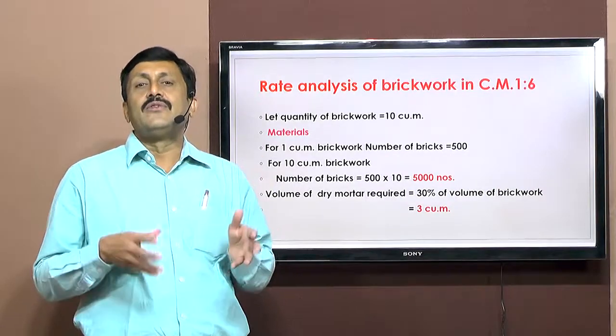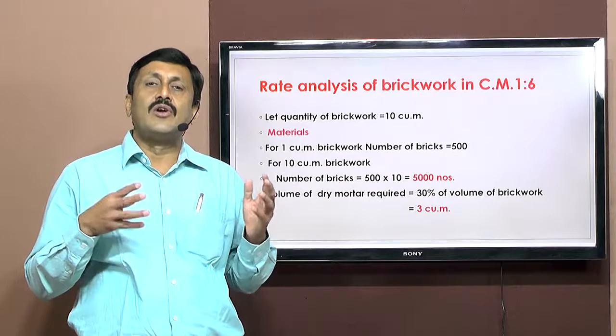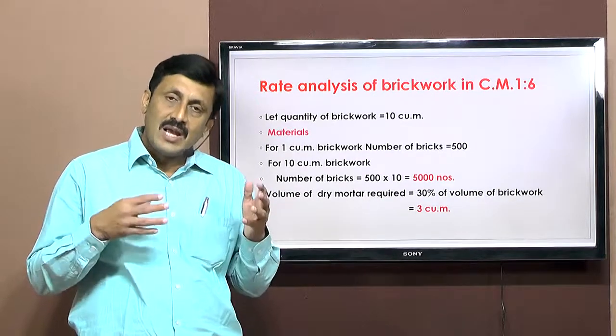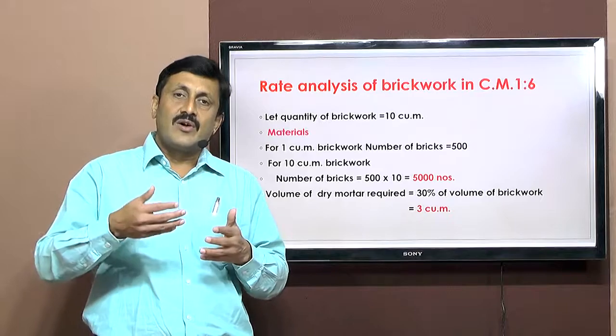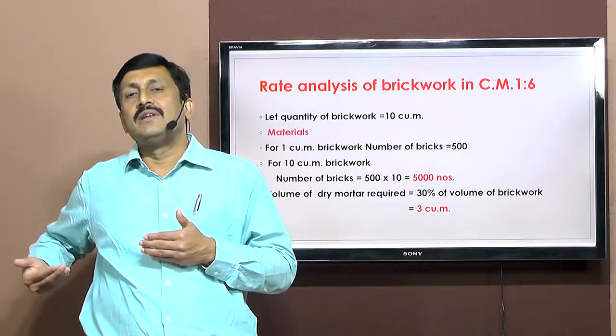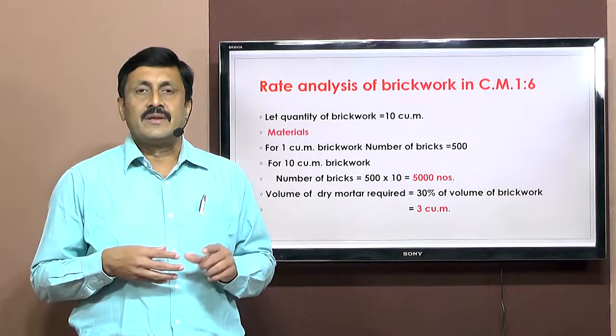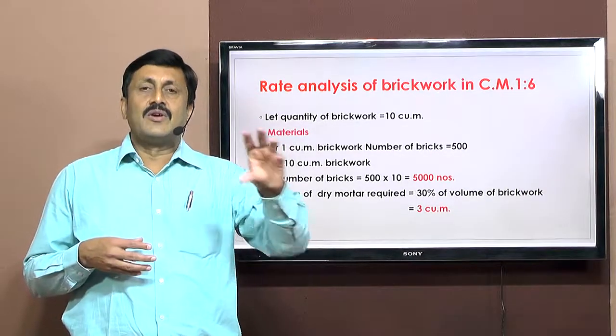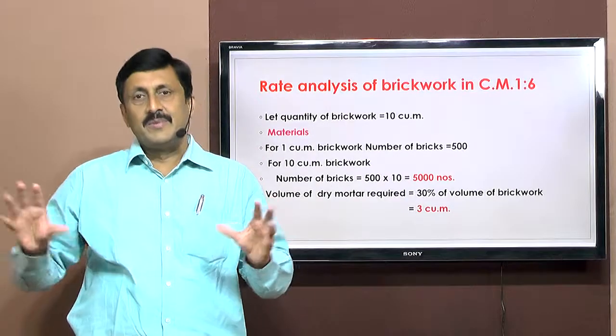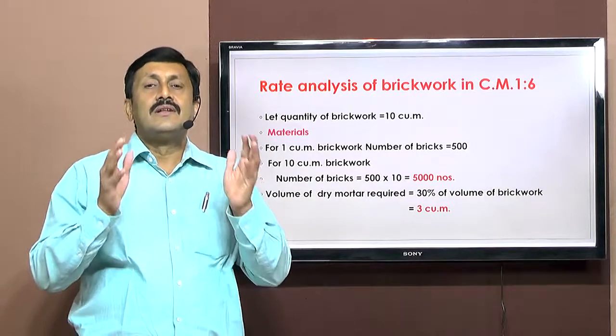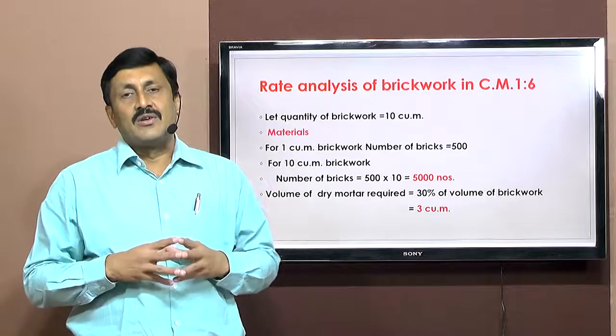First of all, we need to find out how much is the quantity of labors. Simultaneously, we need to also find out category wise how many labors are required for this 10 cubic meter brickwork. So A will be the cost of materials, B will be the cost of labors. Then A plus B we will find out.